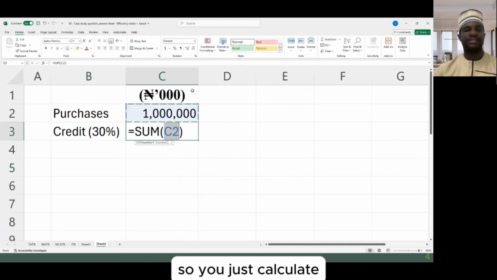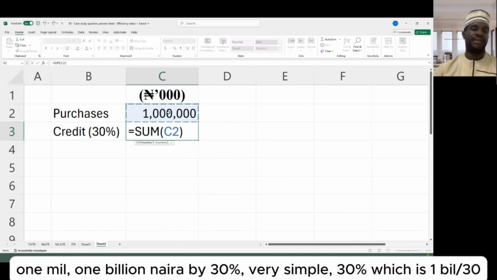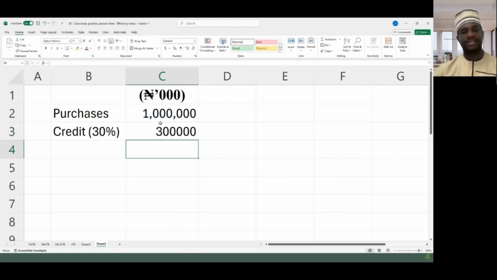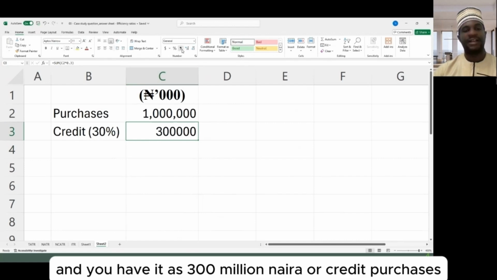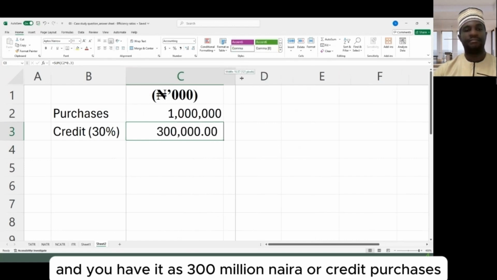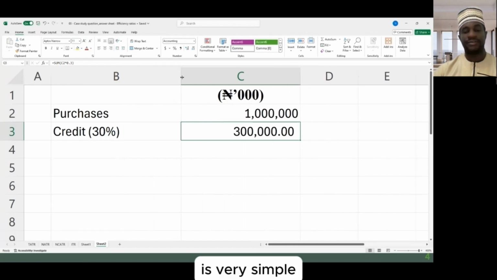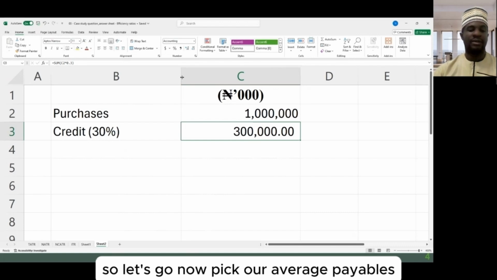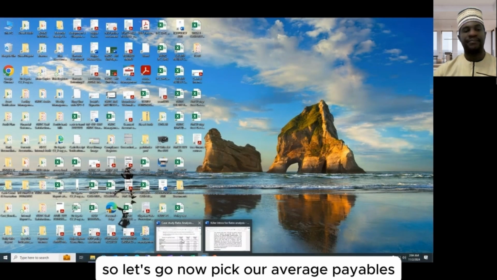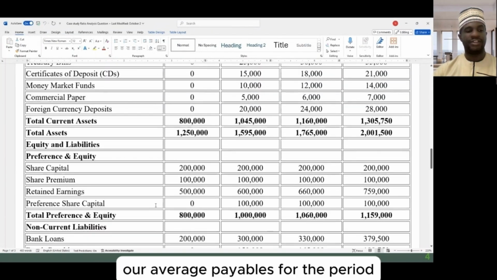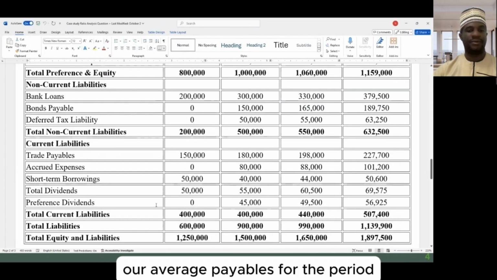So you just calculate 1 billion naira by 30%. Very simple. 30% gives you 300 million naira for credit purchases. Very simple. So let's now go and pick our average payables for the period.